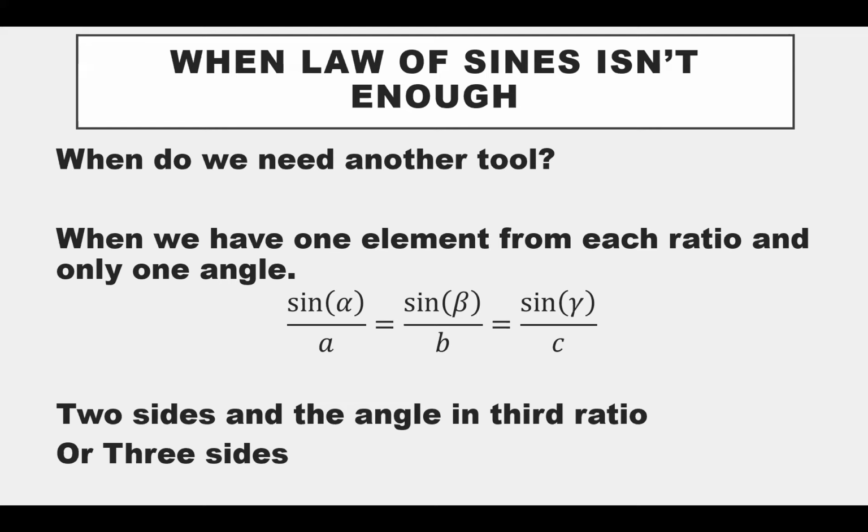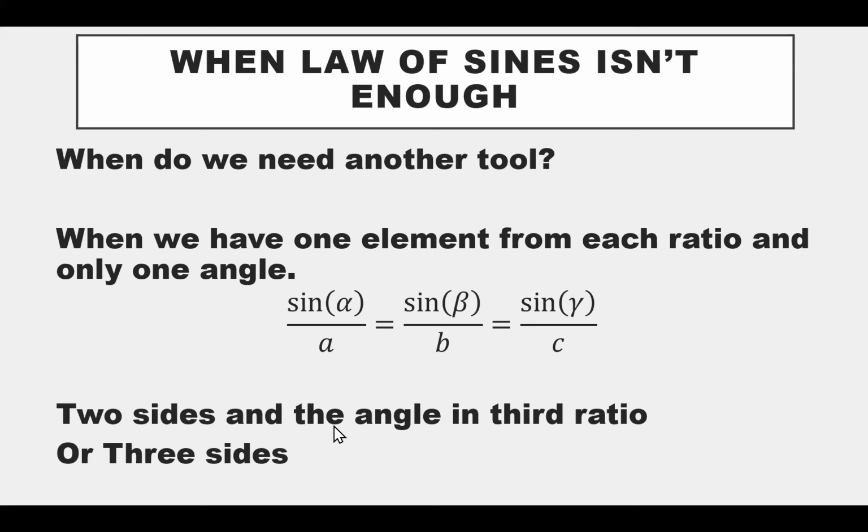Well, we need it when we have one component of each ratio and we only have one angle at most. We could have zero angles. But if we had two angles, we could use the fact that the angles add up to 180 degrees to get the third. So we need either one component of each, and then two of those components are sides, or all three sides. And the law of sines isn't going to be enough to solve the triangle.